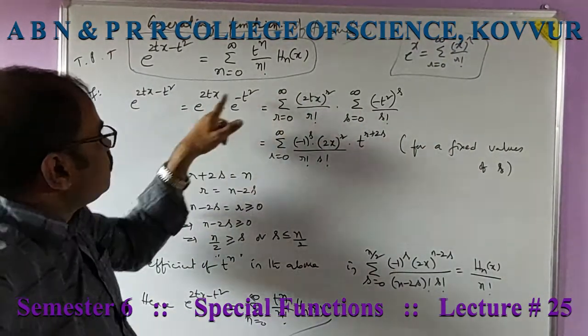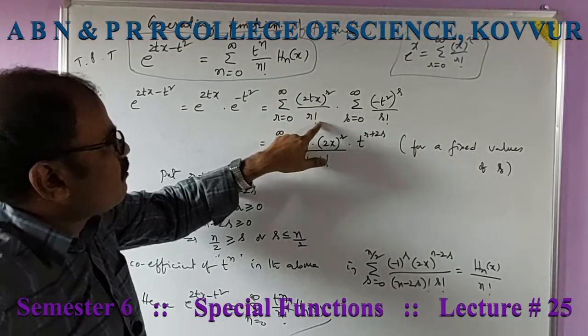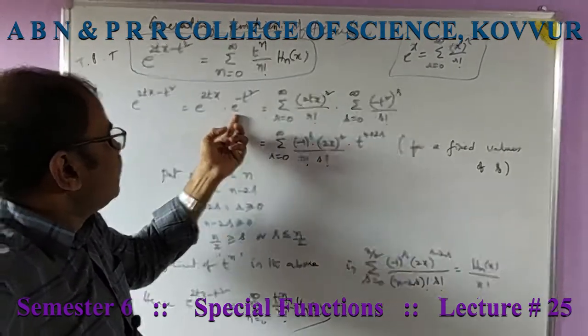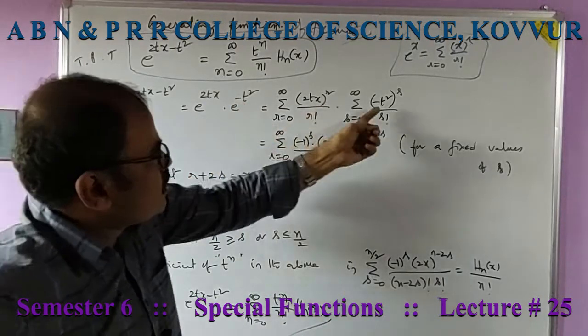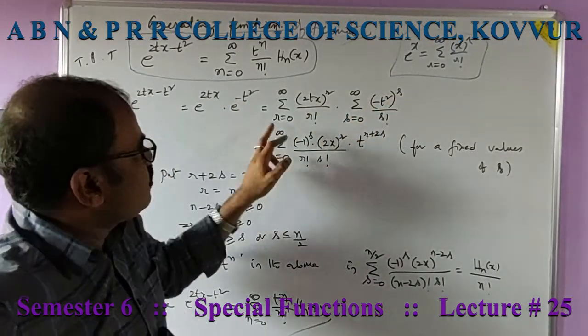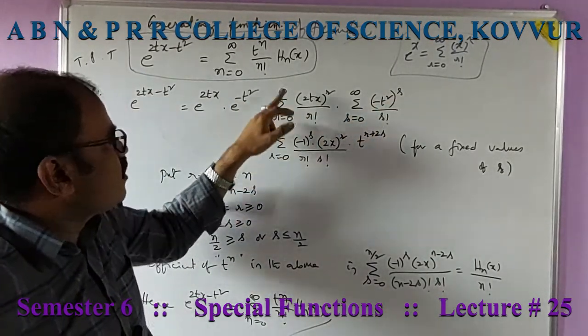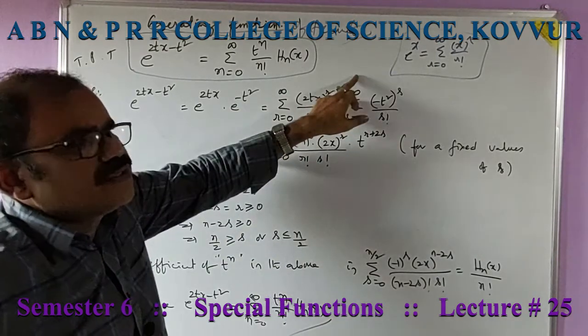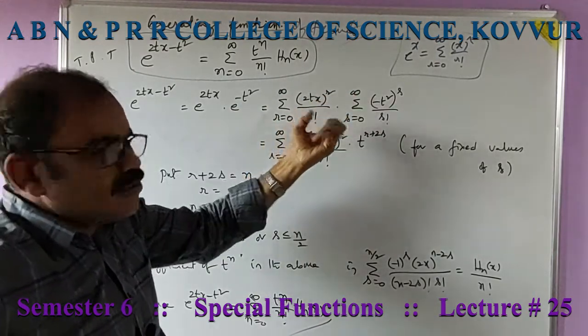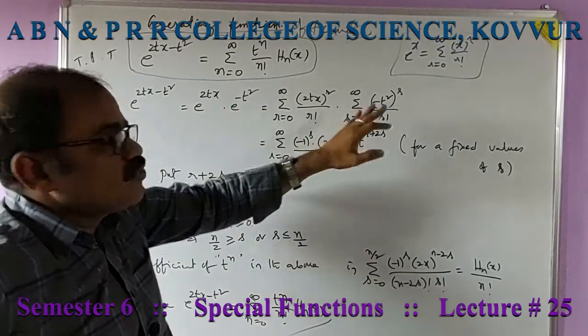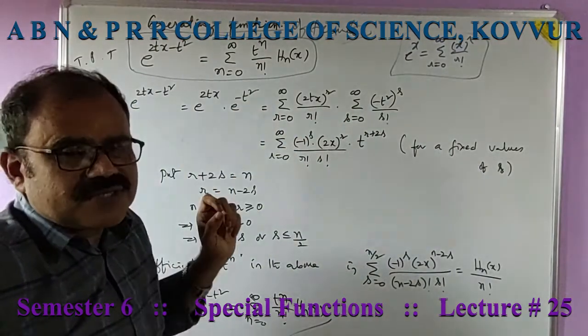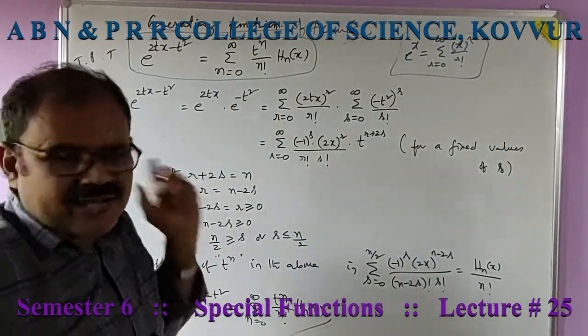Therefore sigma r equals 0 to infinity (2tx) power r by r factorial, and this is e power (−t²) power s by s factorial. I have changed the suffix. Here r is 0 to infinity, here s is 0 to infinity. As we have to multiply these two summations, I changed the suffix in order to avoid confusion.